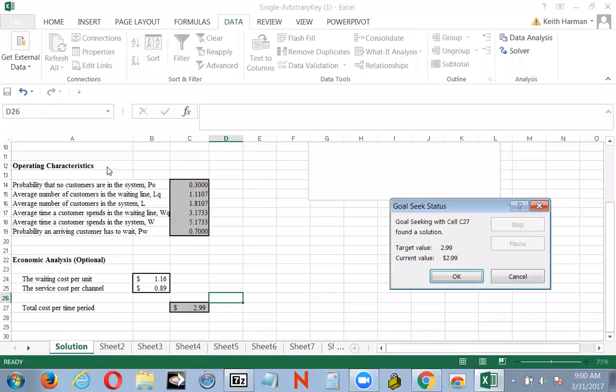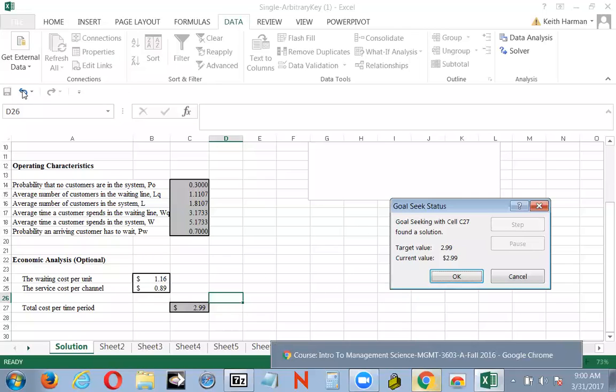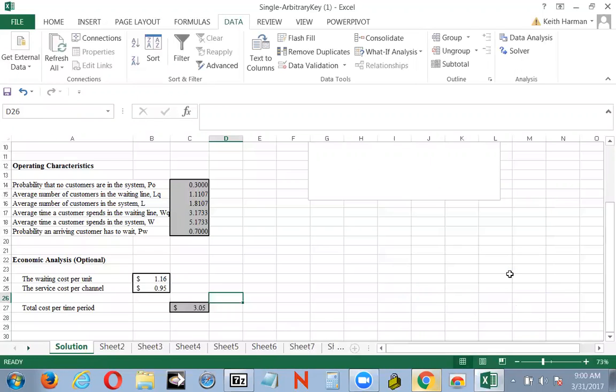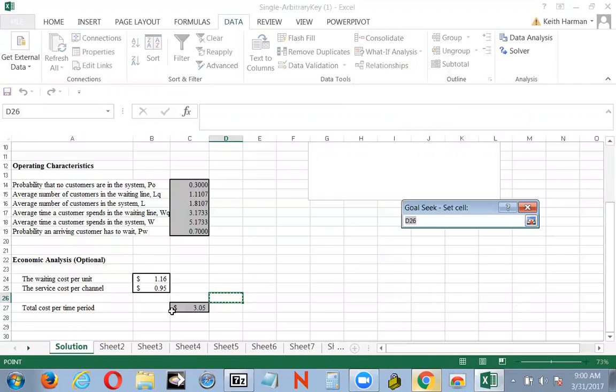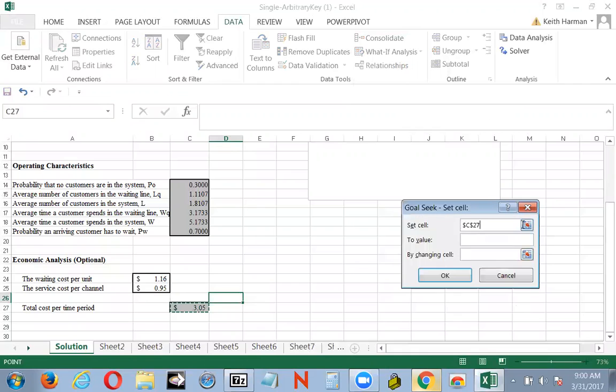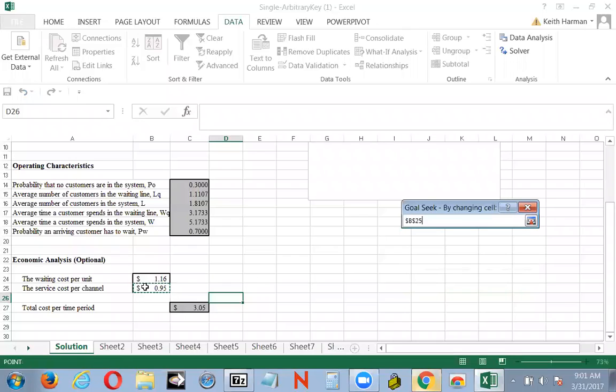And just to see this, I'll back this out for just a second. I'll cancel it, and then we're back at 3.05. So we'll do it again. Use the goal seek. I want to set the cell C27 to $2.99 by changing this cell for the service cost per channel.